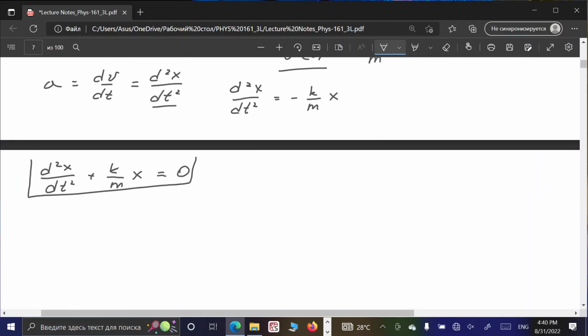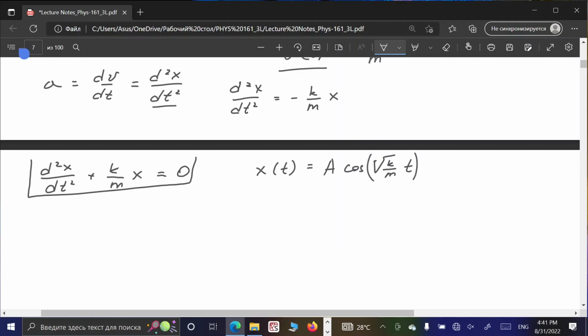And the solution of this differential equation, involving the boundary conditions which we define for t equals 0, position x equal to a, and velocity equal to 0, is x as a function of time equal to a, which is the amplitude, the maximum displacement of the mass from the equilibrium condition, times cosine of square root of k over m times t.